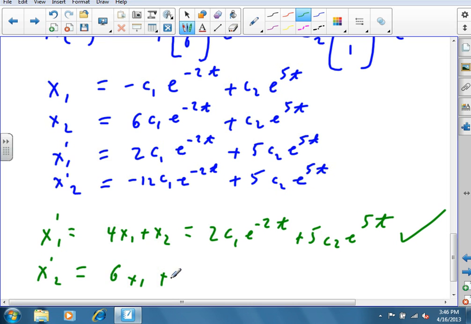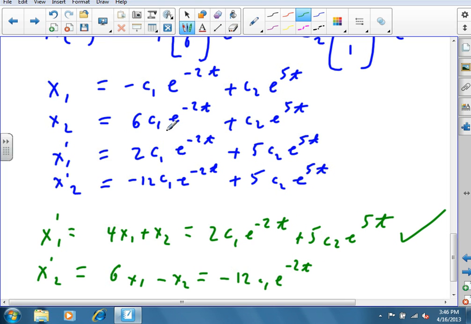And x2 prime is supposed to give me 6x1 minus x2. Okay, so 6x1 is minus 6, and minus x2 is minus 6, so this is going to be minus 12 c1 e to the minus 2t.